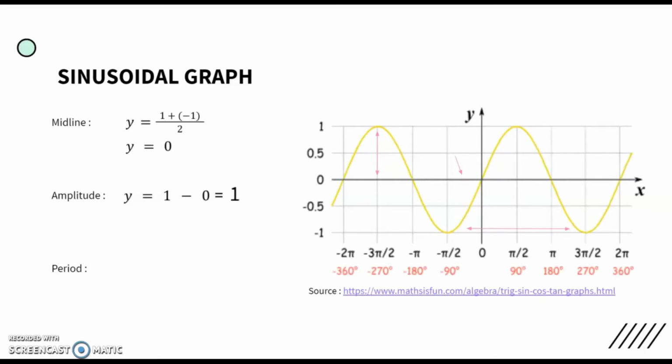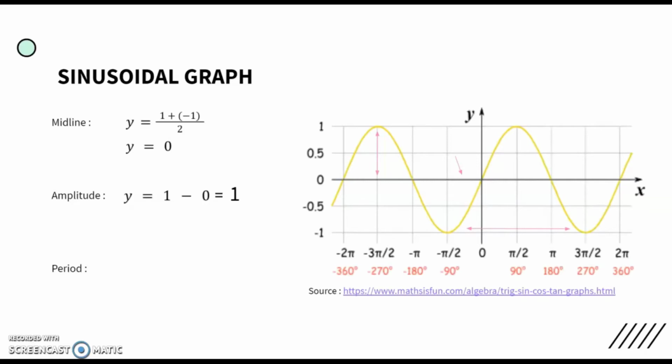Here we can't use the equation 2π over b because we have no equation, but to find the period of the graph, you have to look at the distance between one maximum and another maximum, or, I mean, one minimum to another minimum.